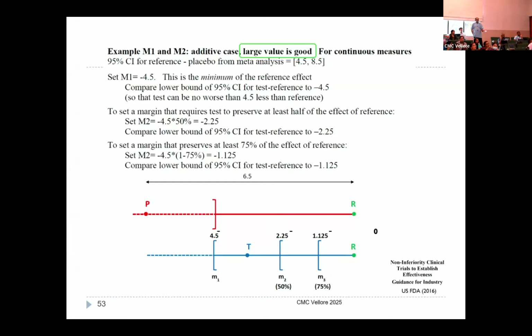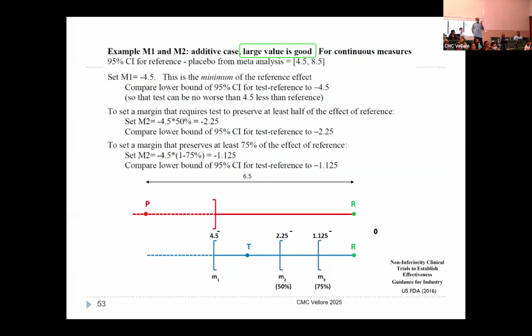So minus 4.5 is M1. And what the FDA says, oh, if you want to preserve 50%, it's minus 2.25. If you want to preserve 75%, you want minus 1.125. The smaller it is, the larger the sample size will be.